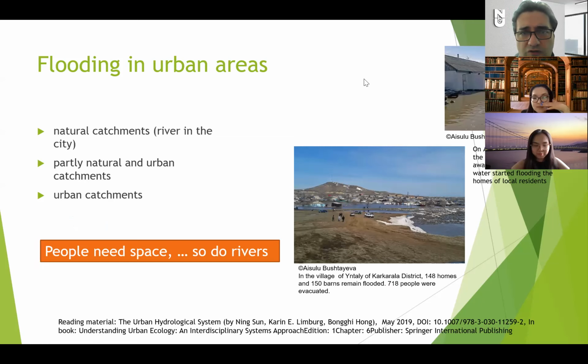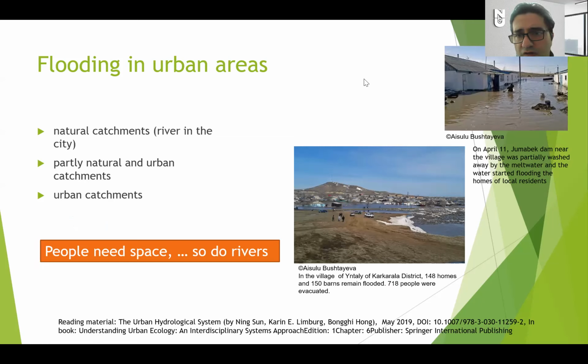I took those pictures from the internet, and it seems that these are some places from Kazakhstan, some urban catchment areas. If you are living in a flat terrain, you are likely to have flooding problems. And even if you are not living in a flat terrain, but in a valley, it is again another problem. You can always experience such problems.